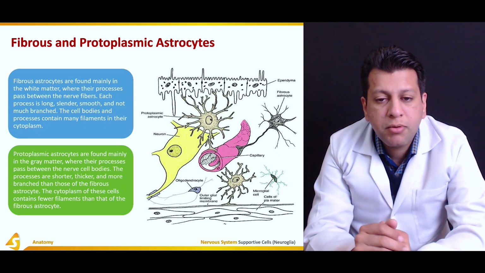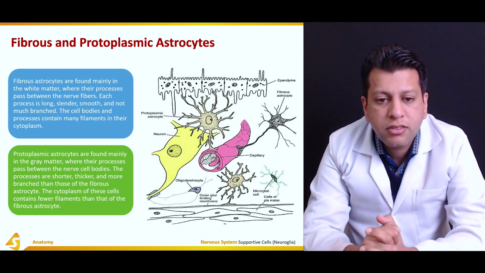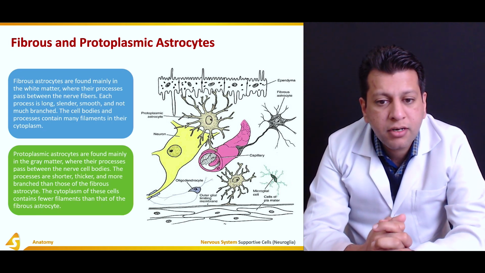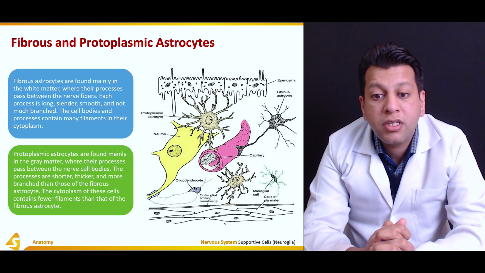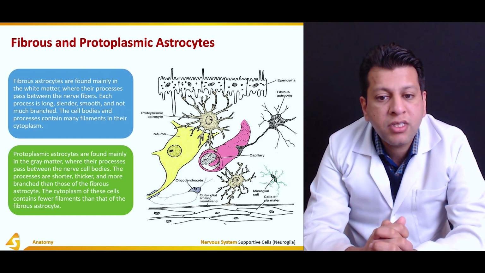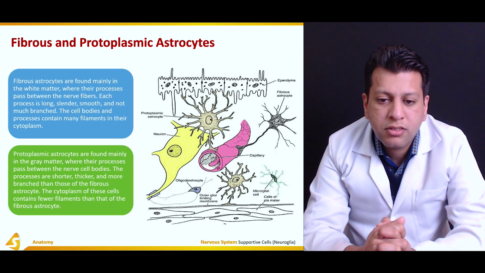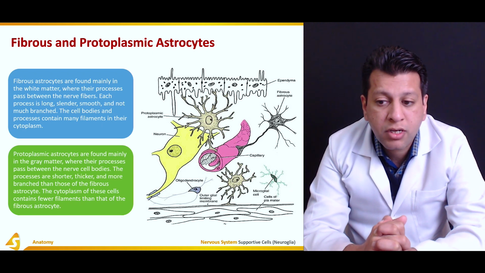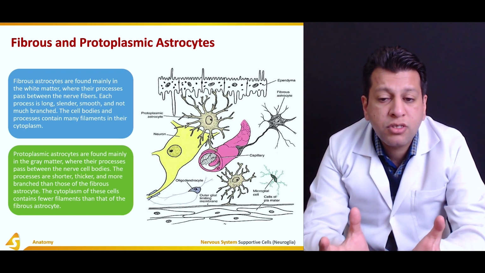Now, what are the fibrous and protoplasmic astrocytes? Fibrous astrocytes are found mainly in the white matter, where their processes pass between the nerve fibers. Each process is long, slender, smooth, and not much branched. The cell bodies and the processes contain many filaments in their cytoplasm. They have a role in supporting as well.